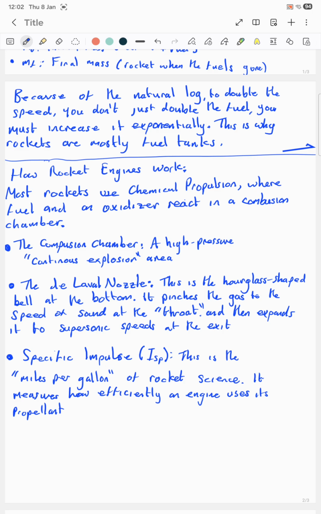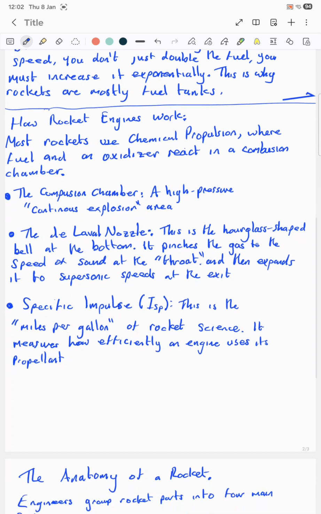It pinches the gas to the speed of sound at the throat and then expands it to supersonic speeds at the exit. The specific impulse, Isp, this is the miles per gallon of rocket science. It measures how efficiently an engine uses its propellant.